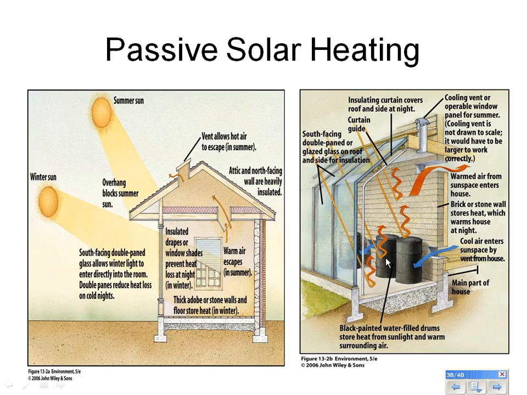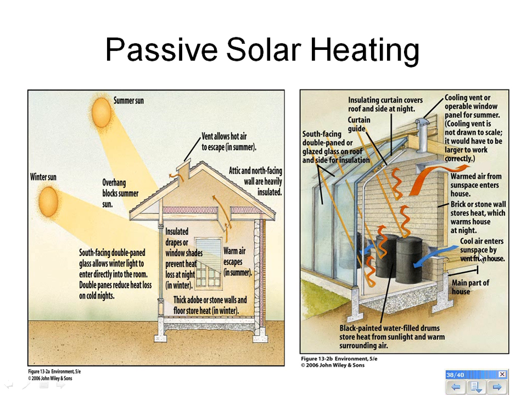It's going to be absorbed, that radiation, by these drums, and then the heat is going to radiate off, entering the home and warming the home. So again, these are both examples of passive solar heating.